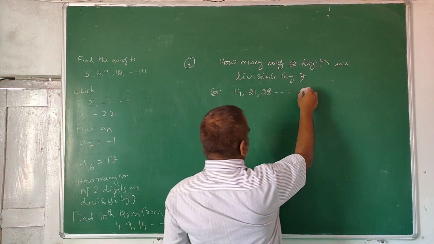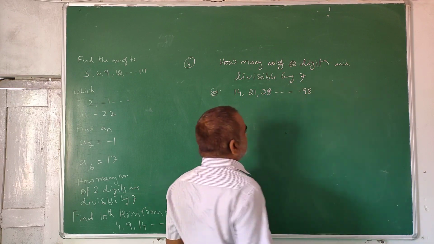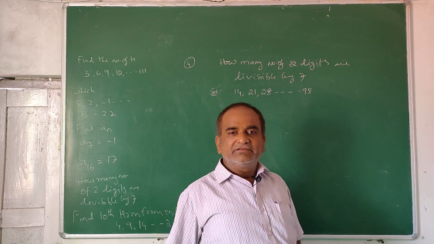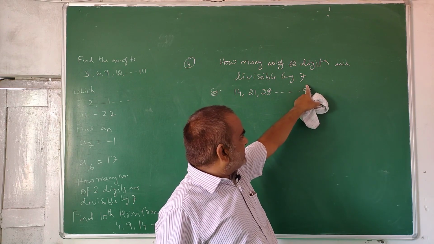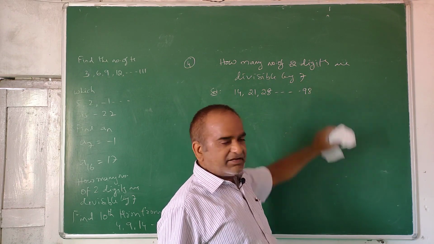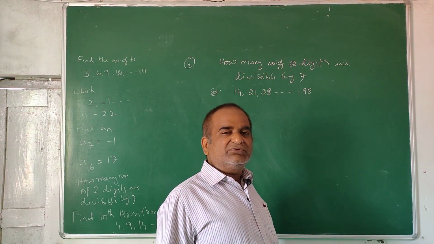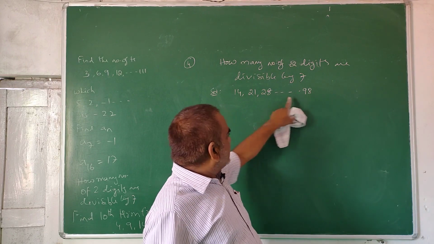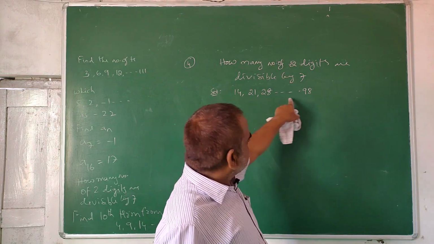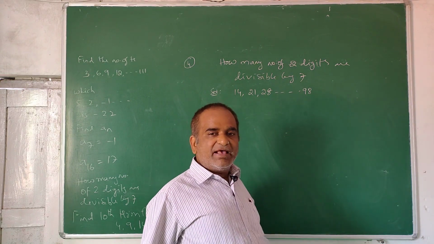And the last 2 digit number which is divisible by 7 is 98. Do you agree? 7 ones are 7, 7 twos are 14, and so on, 98. So 99 is the last 2 digit number, but it cannot be divisible by 7. So this is the progression of all 2 digit numbers which are divisible by 7.